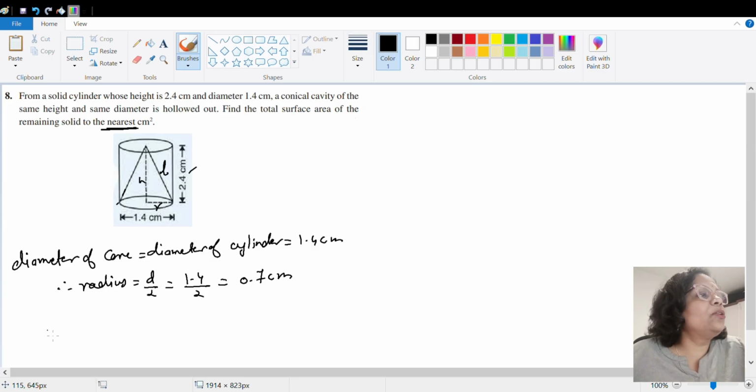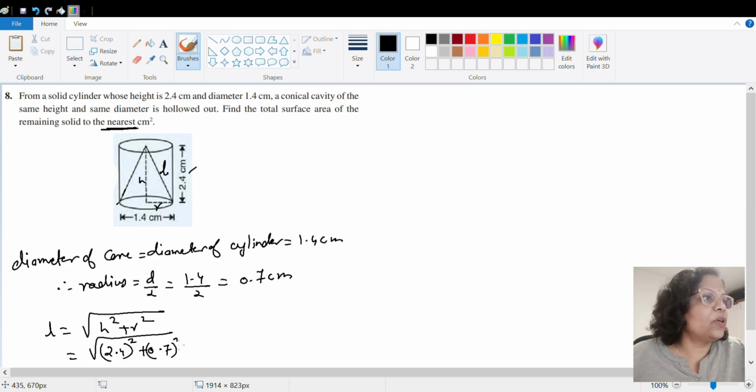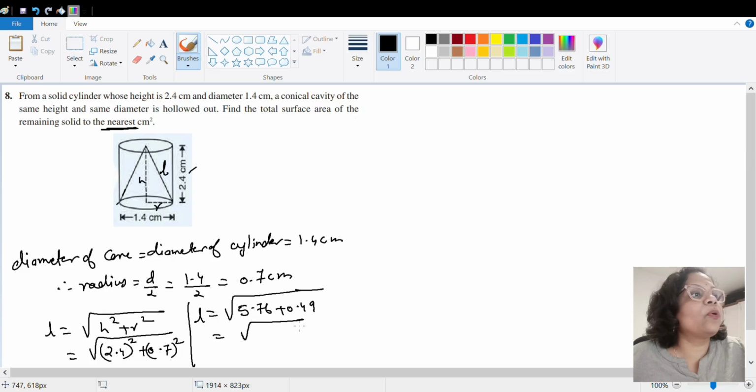That l is equal to root of h square plus r square. Height we already have, 2.4 centimeter, square, plus r is 0.7, square. So l will be equal to root of 2.4 square, that is 5.76, plus 0.49. If you add, this will become 6.25, and therefore l is 2.5 centimeter.